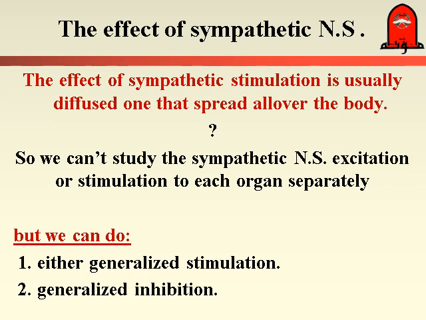So the stimulation of any segment of the spinal cord or any preganglionic nerve fiber in the sympathetic nervous system will produce a diffuse, spread effect on many organs at the same time. So when we study the sympathetic response or function, we should do either generalized stimulation or generalized inhibition of the sympathetic nervous system.